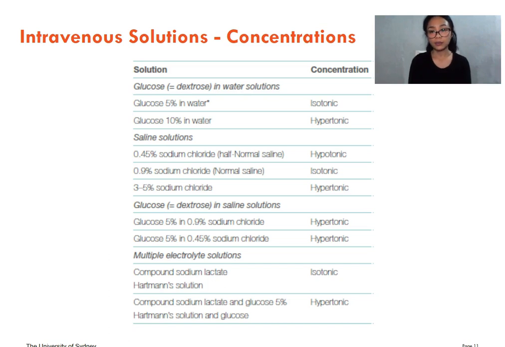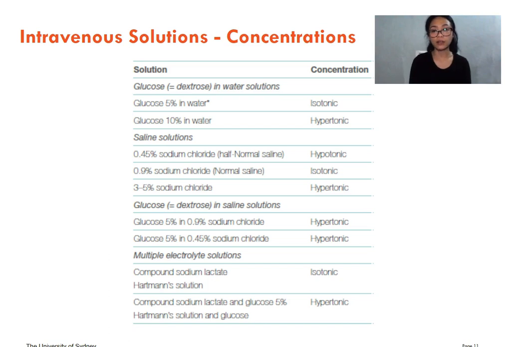So many of these prepared IV solutions, we've got on the slide a list on the left of different types of IV solutions. They include whether they are isotonic, hypertonic, or hypotonic in concentration. Isotonic solutions have the same osmolality as body fluids.